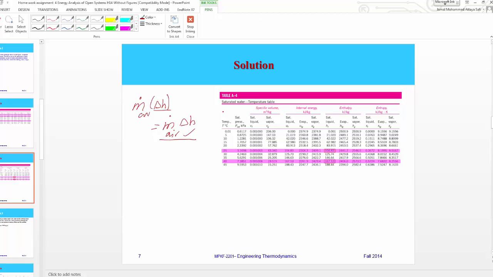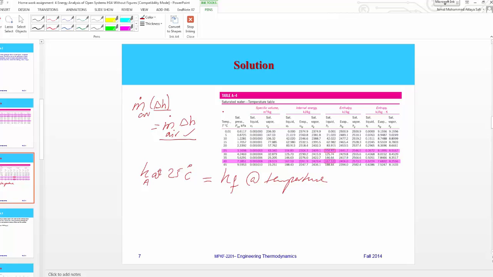The idea is that because it's compressed liquid water, I need to go to the compressed liquid tables. But we agreed, if you remember in this course, that H, for example, at 25 centigrade, which is given at the entrance, so HA at 25 is actually read from the saturated table as HF at the temperature.